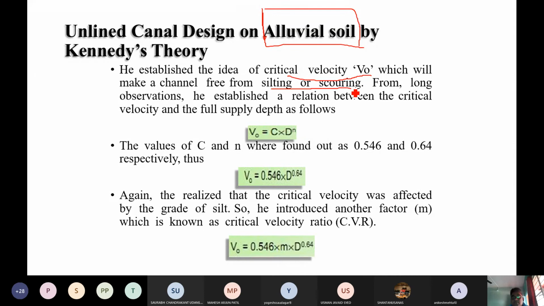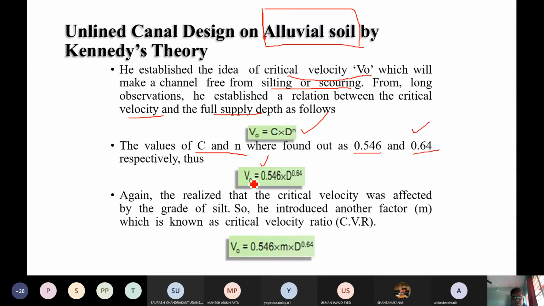From these long observations, he established the relation between this critical velocity and the full supply depth. Let us note down this equation he invented for the critical velocity: V0 is equal to C into D raised to N. The values of C and N were found as C equal to 0.546 and N equal to 0.64.